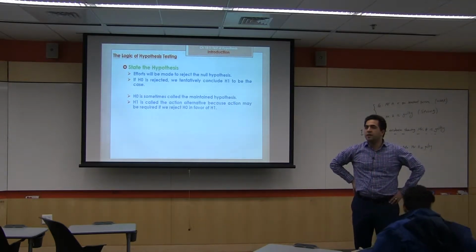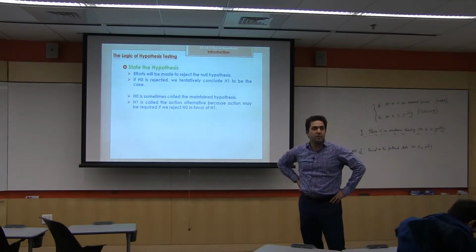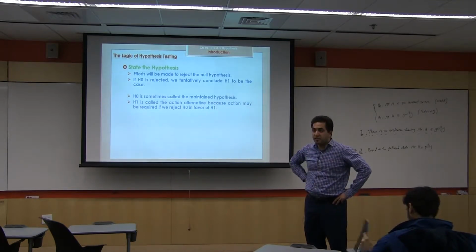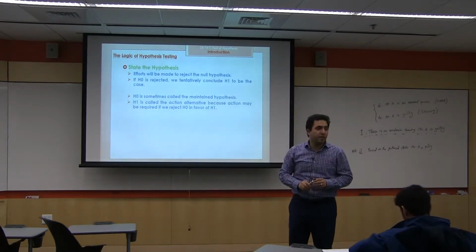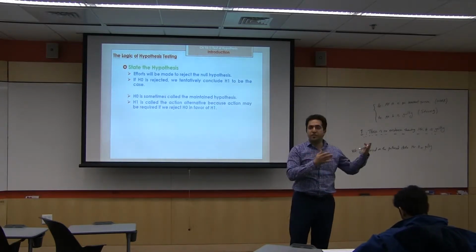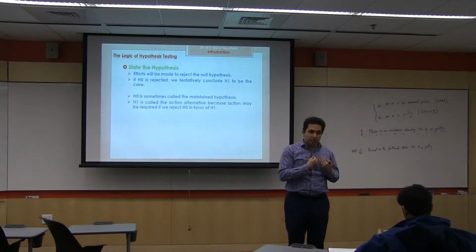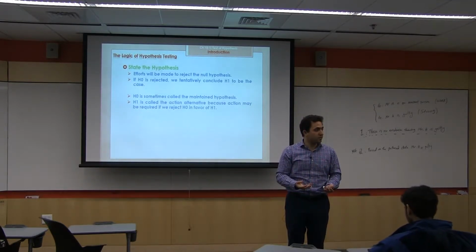So, now it justifies the first sentence in here, which is saying what? The efforts will be made to reject the null hypothesis and conclude the alternative. Because if I reject the null and if I conclude the alternative, I'm making a decision based on confidence that I'm getting from my data and my statistics.